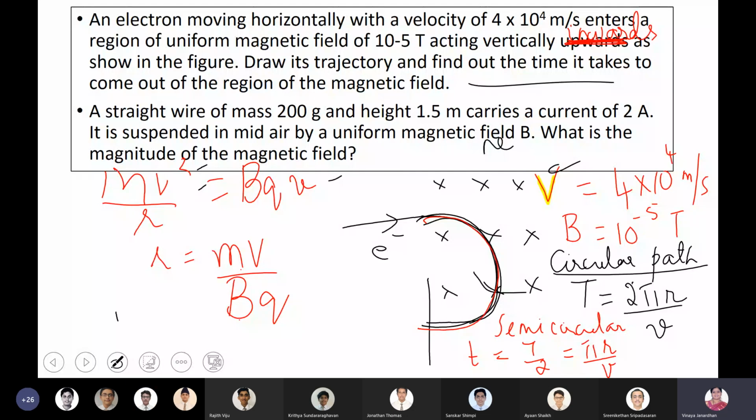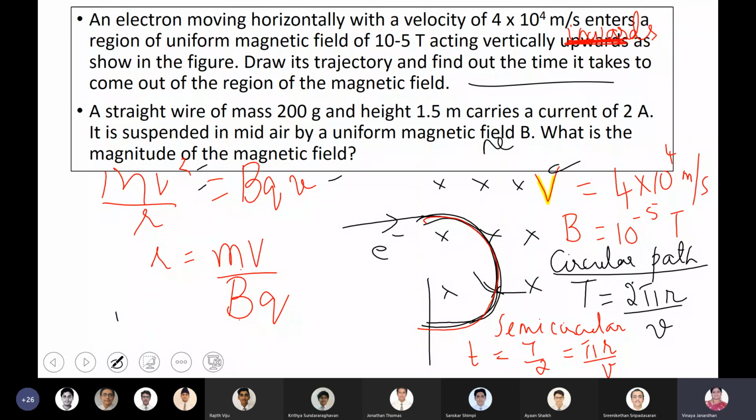When a charged particle enters a magnetic field, the centripetal force mv squared by r is provided by the magnetic force, because it undergoes a circular path when the angle between the velocity vector and the magnetic field vector is 90 degrees.